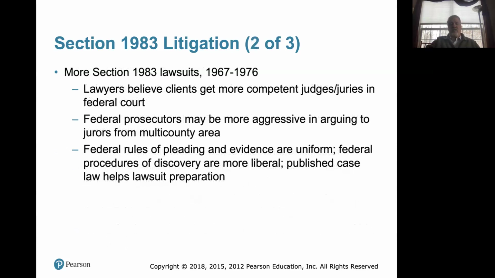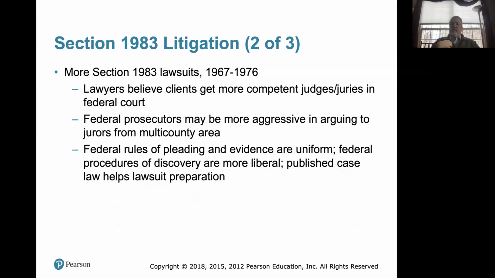So more Section 1983 lawsuits. Lawyers believe clients get more competent judges and juries in federal court. So this is the reason why you want to go to federal court: the judges are apart from what goes on in a particular state, so they're less likely to have an opinion about it.